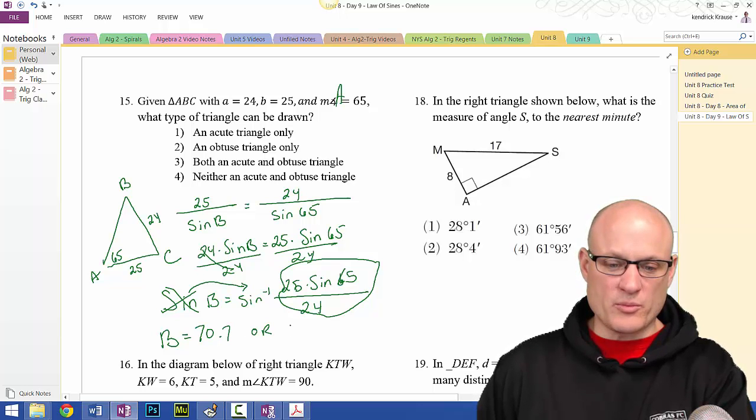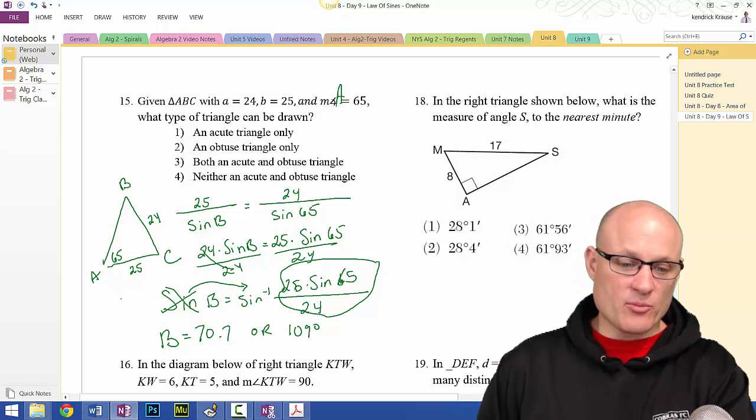So my other one would be like 109 degrees. So I got to go back. Triangle 1 could be 65, 71, and yeah, there's plenty left over for another one. Or I can go 65, 109. That's like, ooh, that's close.